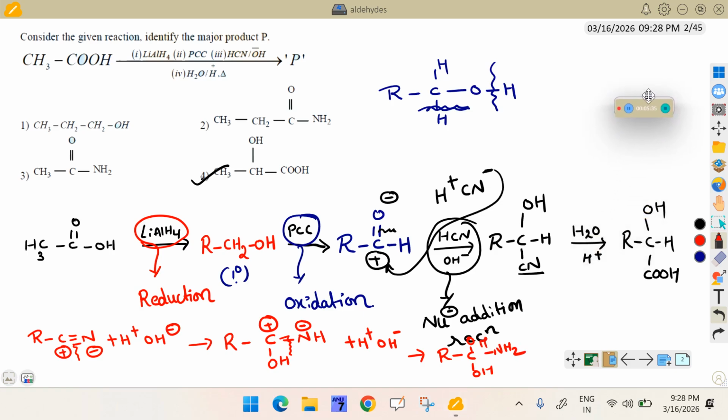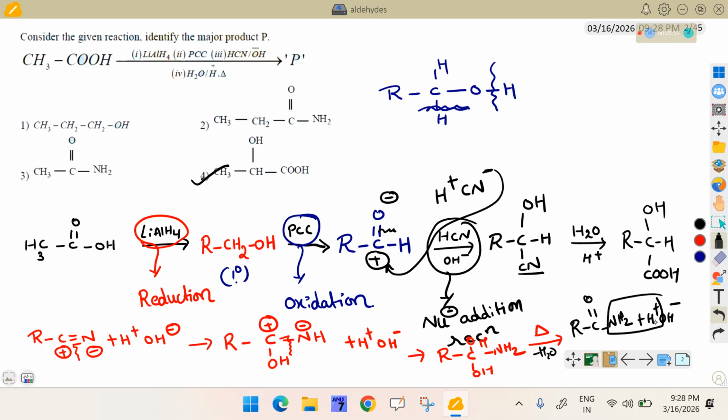Two OH groups on the same carbon atom: this is a gem diol. Gem diols are unstable; on further heating, it loses a water molecule and is converted to amides, RCONH2. Amides undergo further hydrolysis, H plus OH minus, then it is converted to carboxylic acid.